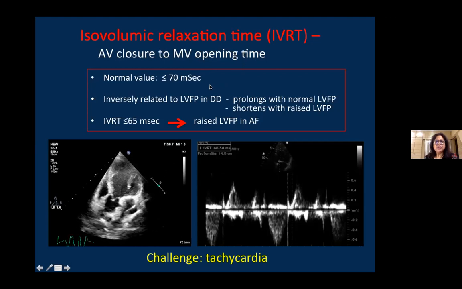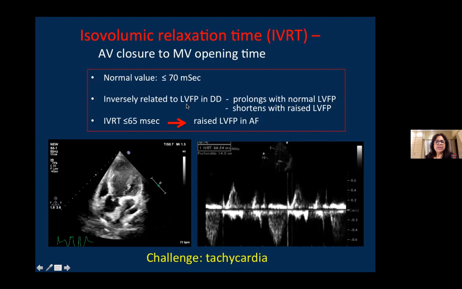So if it is high, then it indicates normal LV filling pressure, because in grade 1 diastolic dysfunction, where there is only relaxation abnormality, LV filling pressure is normal, as I said.